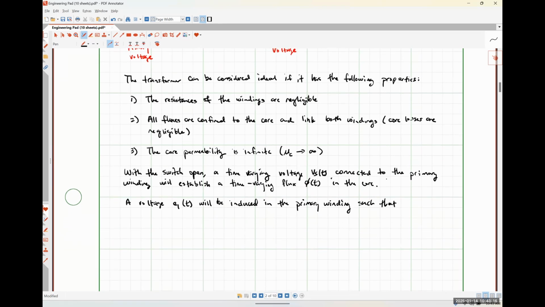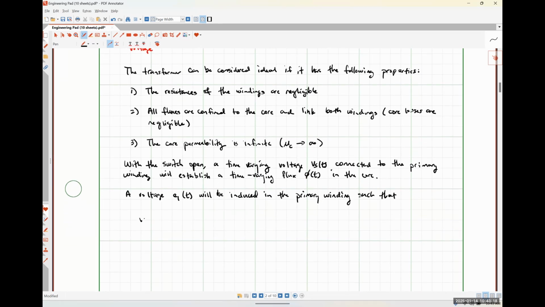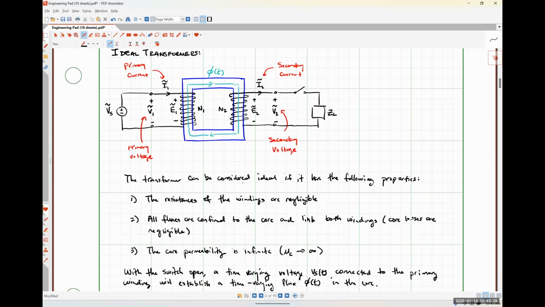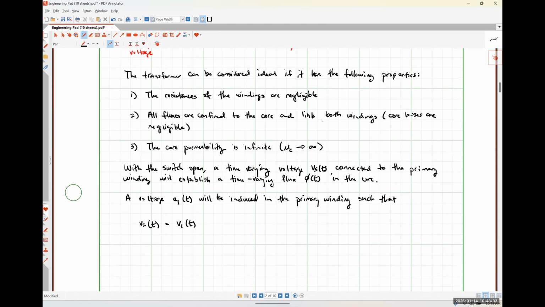such that we have our source voltage Vs of t is going to be the same voltage as our primary voltage V1 of t because our source is connected directly across the terminals of our primary winding.